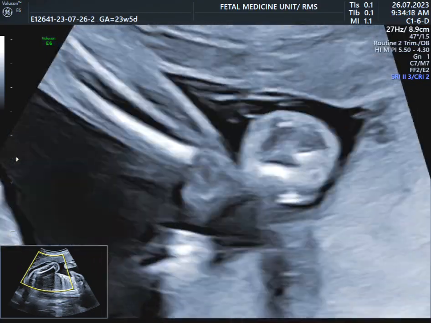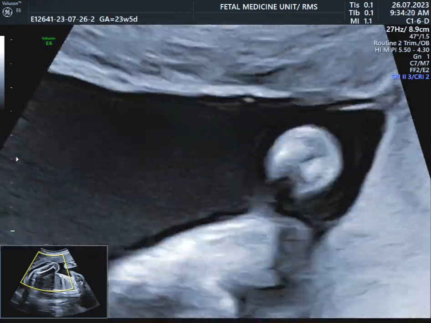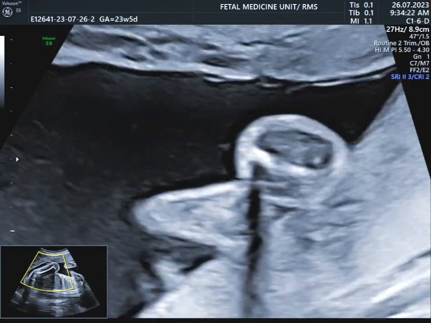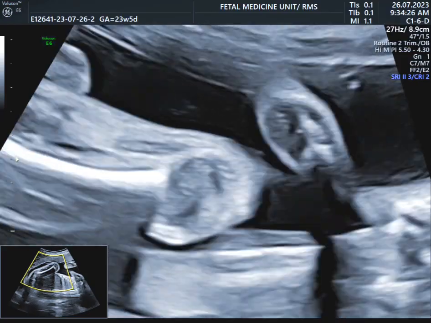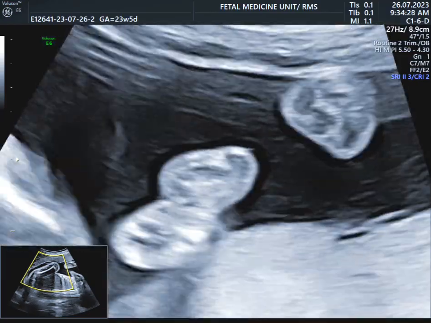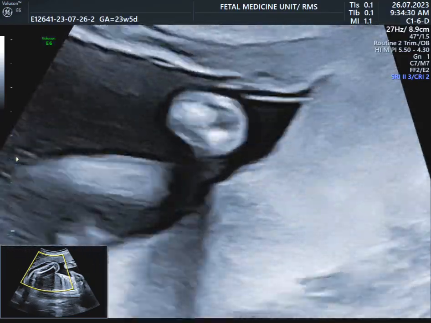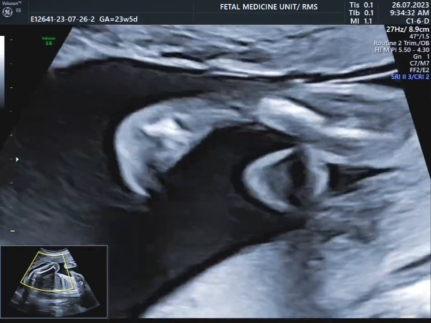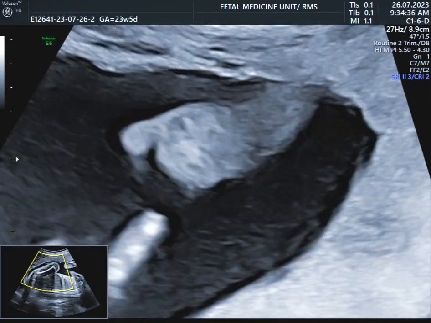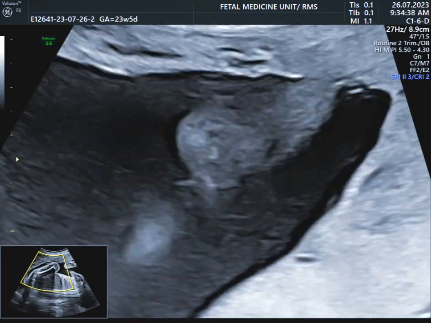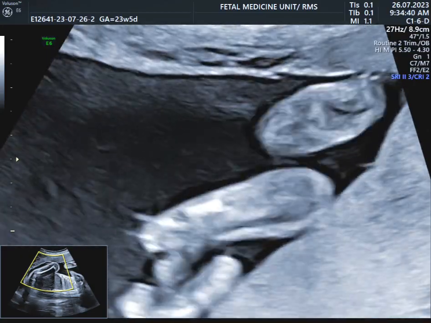Then we go to the lower limb to see the foot and to exclude club foot. Yes, it's a nice view. Now we get, yes, this is the sole. Perfect. This is another one.